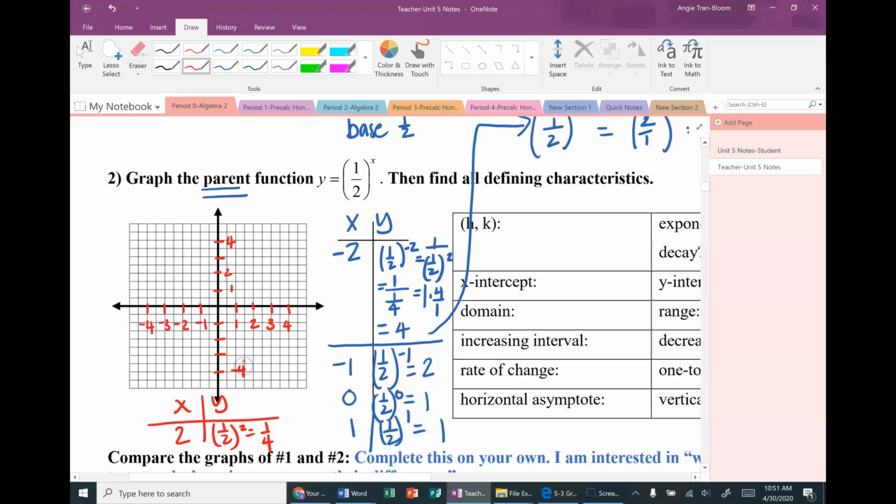Okay, so let's plot. At -2, we have a y value of 4. So -2, go up 4. -1, we are going to go to 2. 0, go up 1.